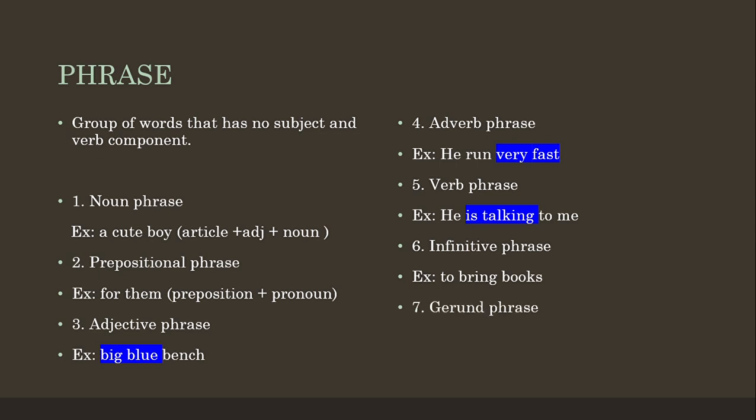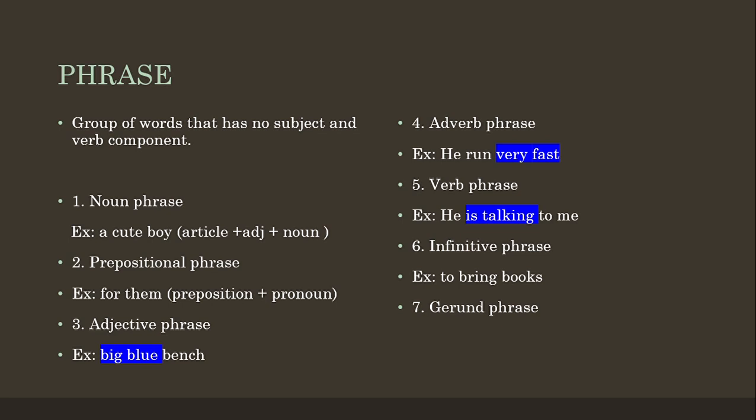And then the last is gerund phrase. First of all, a gerund is a verb, and then we add the ing form, so that verb is going to be a noun. For example, swim.